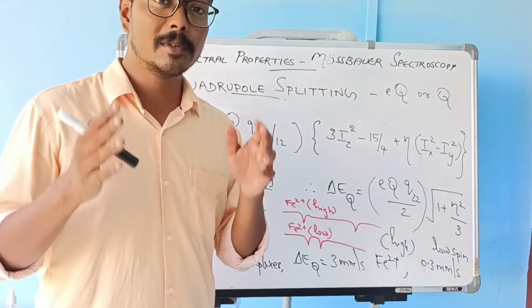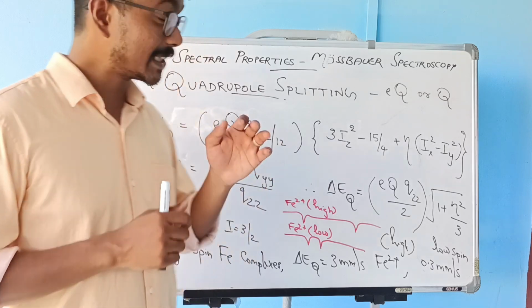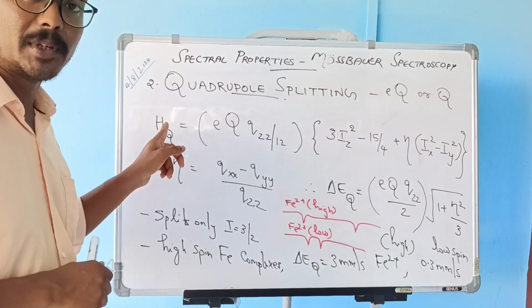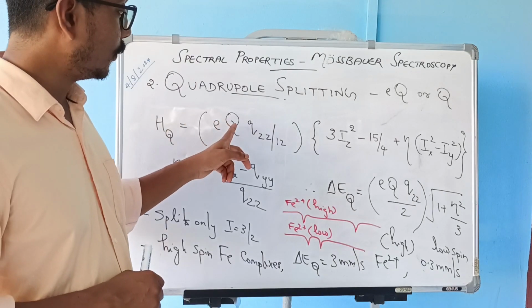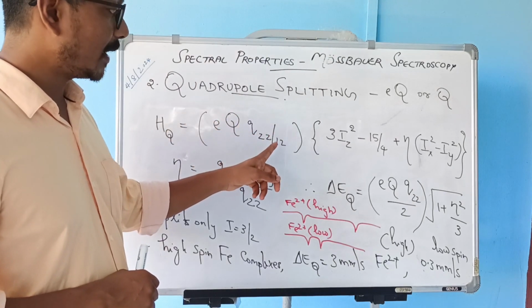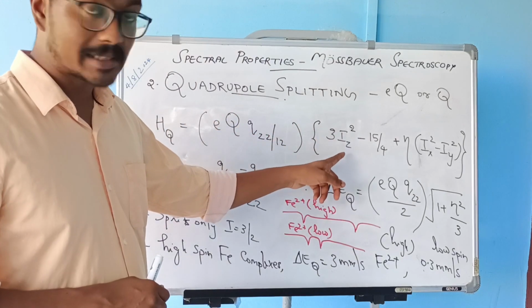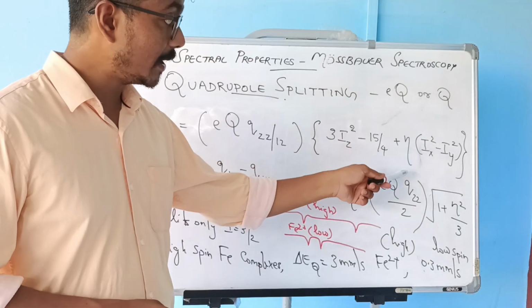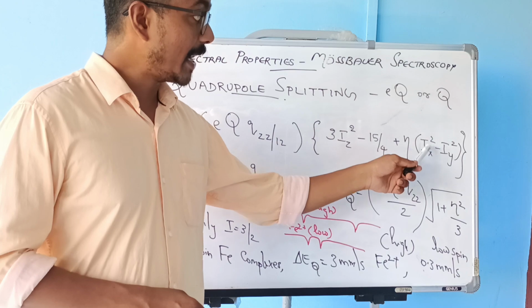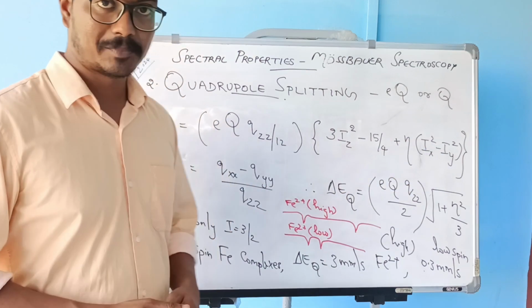So the quadrupole interaction is expressed in terms of the Hamiltonian operator HQ, which is given as eQQz divided by 12 into [3Iz² minus 15/4 plus eta into (Ix² minus Iy²)].